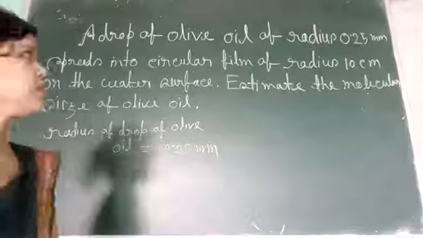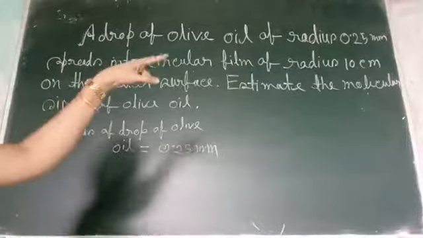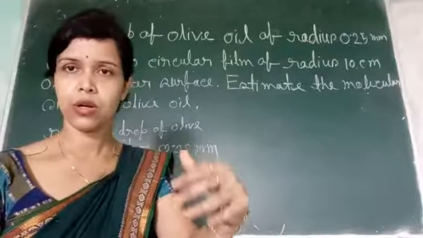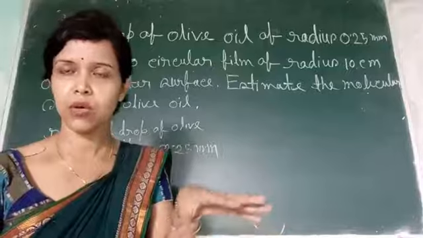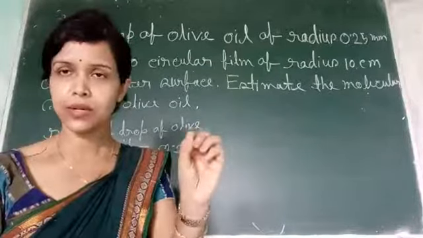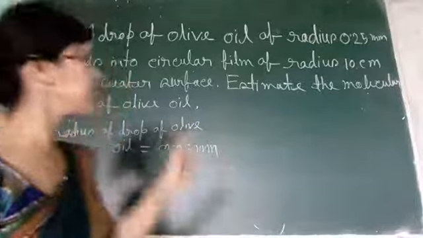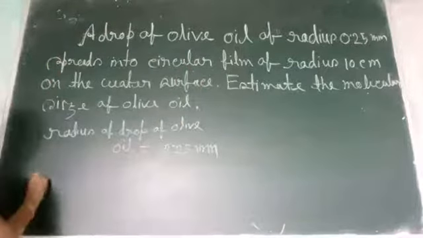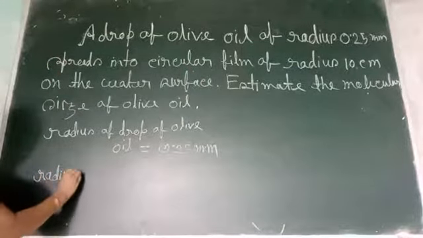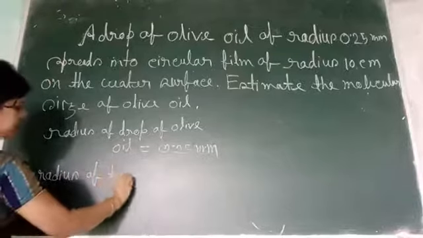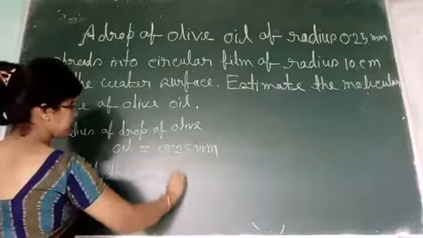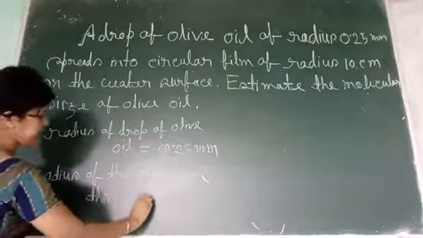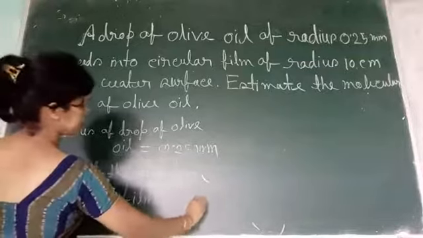And what is the other data given here? It spreads into a circular film of radius 10 centimeter. That means after dropping the olive oil, when it spreads, it creates a circular thin film, and the radius of that circular thin film is given as 10 centimeter.